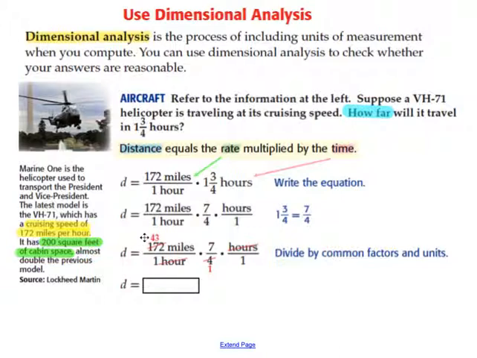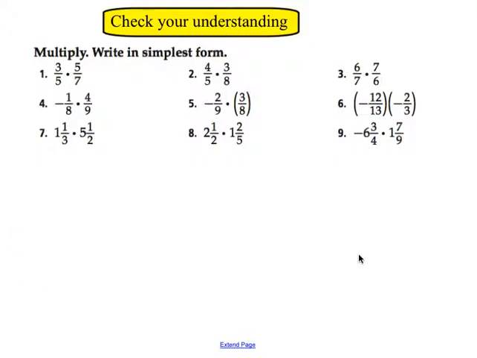So now we can just multiply 43 times 7, and this will all be over 1. Okay, so 43 times 7 gives us 301. And notice our units, the hours canceled because we had the same units here, and we are left with miles. So that gives us 301 miles.